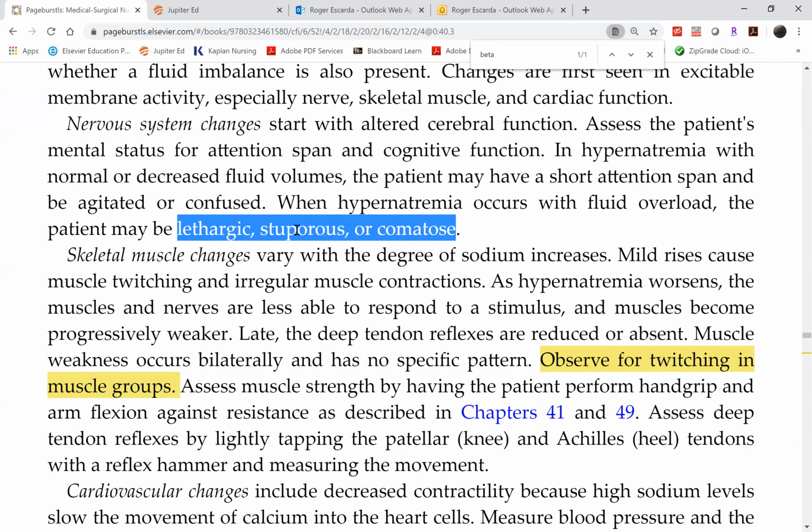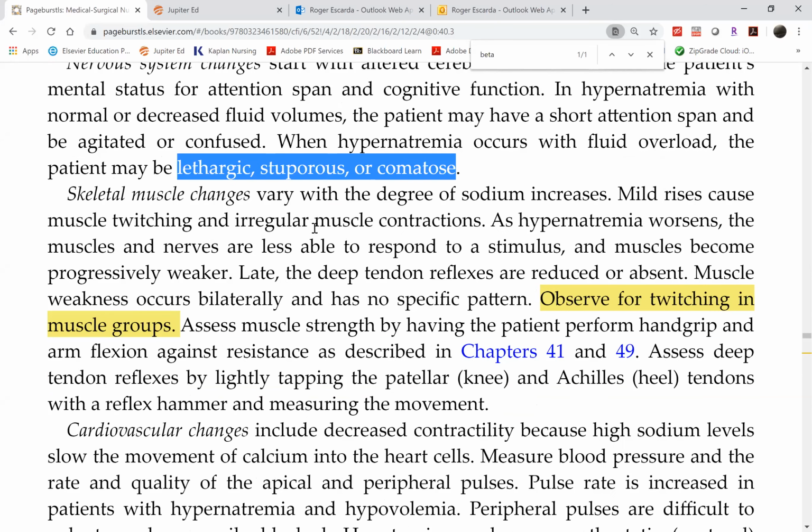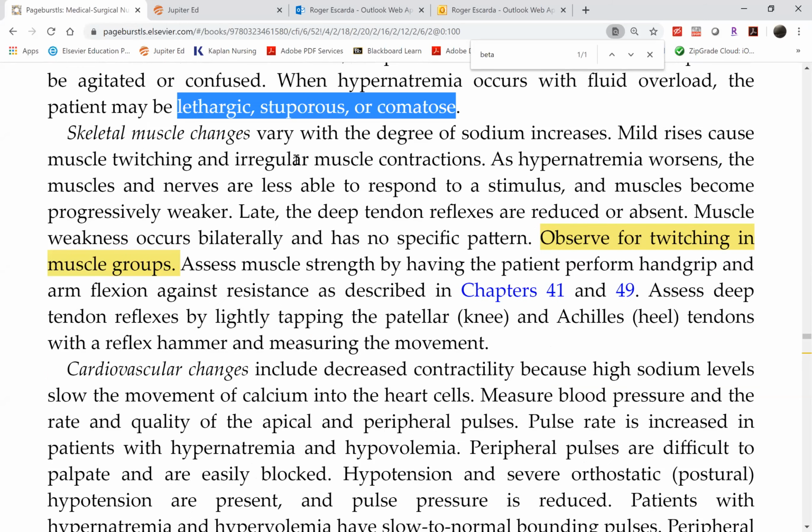No, because you have less sodium inside the cell. So less excitation, less stimulation, which is the opposite in hyponatremia. In hyponatremia, you're low in sodium in the blood, but you are higher in the cell. So therefore, there was more stimulation, resulting in the seizures.